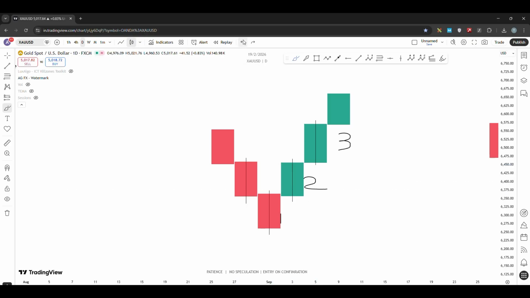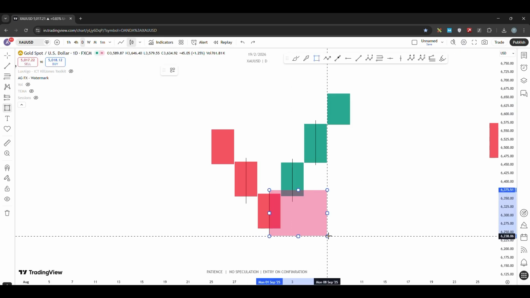So in this case, we have this first candle, which is the last selling candle, or you can say which gave the most selling, and along with it we have a fair value gap. That means this candle is a valid order block candle.